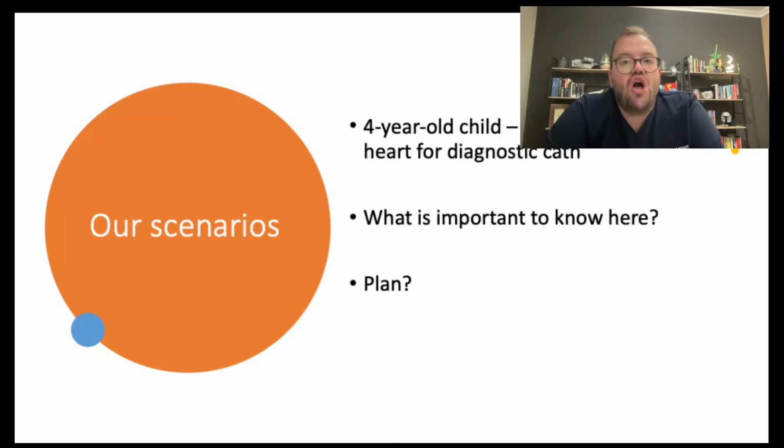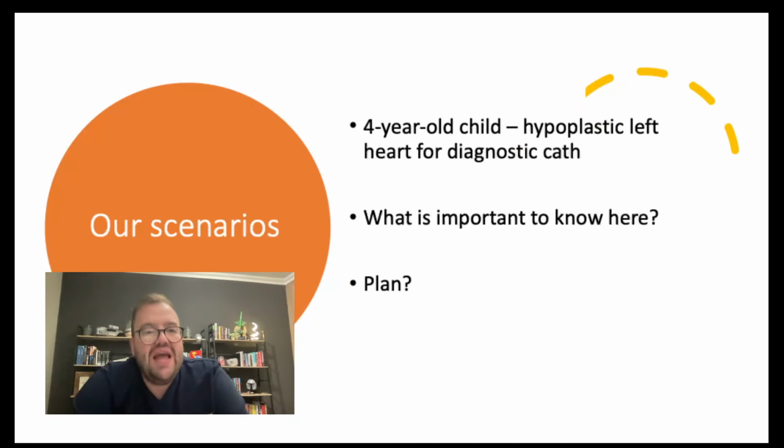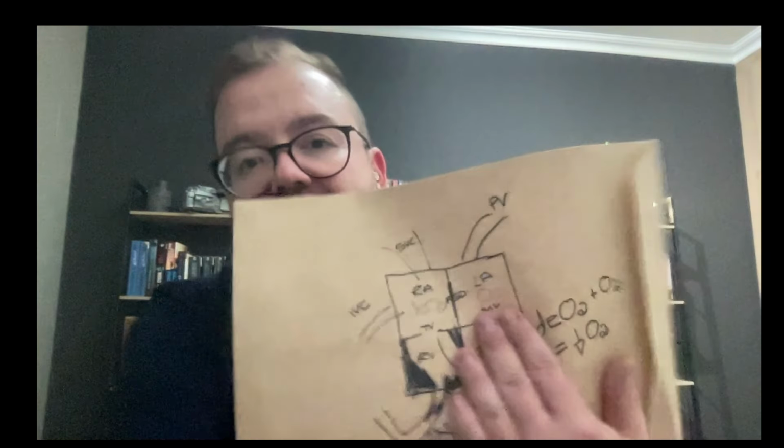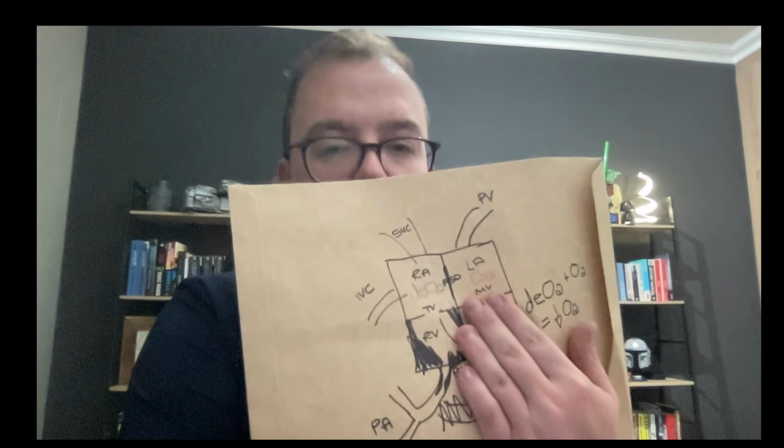Then our last scenario, guys, is a 4-year-old with a hypoplastic left heart. What is important to know here? Well, what is important to know is where is blood going, okay? Because if we go back to my trusty picture here, I'm so proud of this, guys, you have no idea. In a hypoplastic left heart, there is no left ventricle, okay?